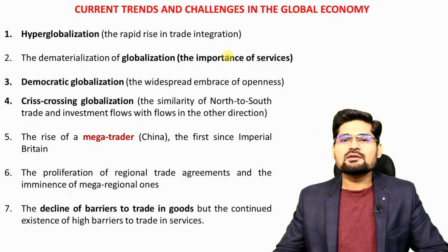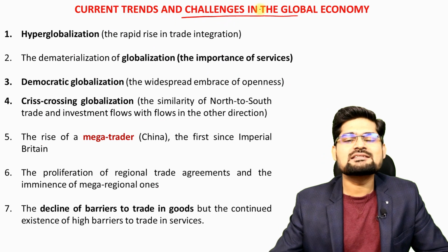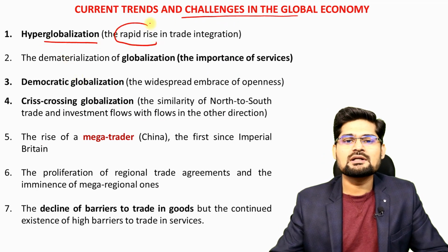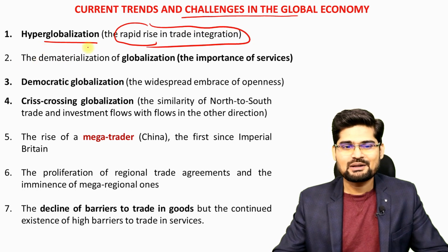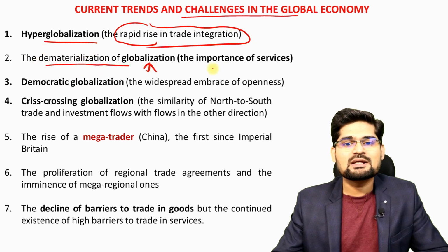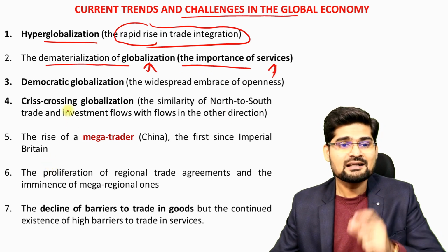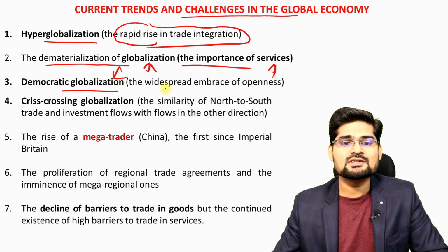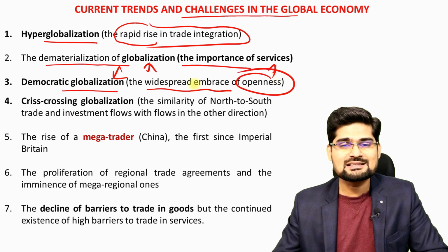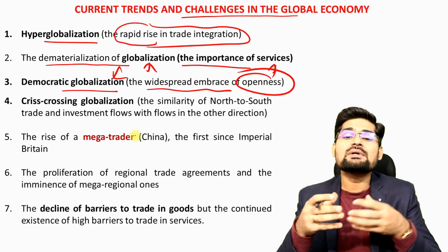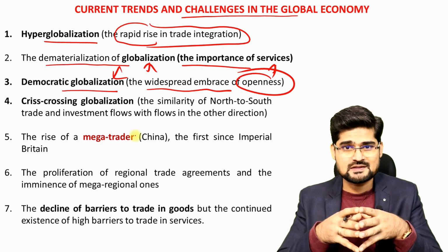So further, what you observe are the current trends and challenges in the global economy in terms of trade. Hyper-globalization, if you have observed this word, means rapid rise in trade integration, right? Then dematerialization of globalization means the importance of services, not just goods. Then democratic globalization means widespread embrace of openness, not closed door economies, but open door economies, with more openness and more transparency in the policies.